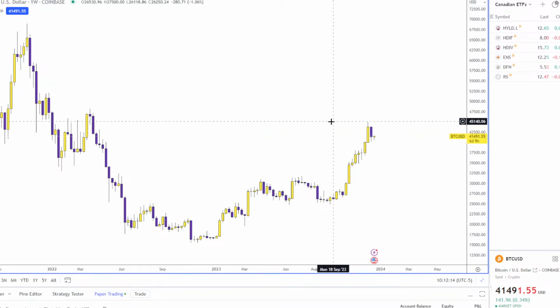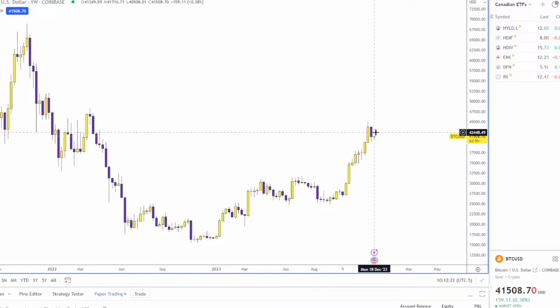So in order for me to get hot and heavy over Bitcoin, you'd have to break this high, or at least break through the threshold of this candle here. It's not even validated yet. So the inversion fair value gap over here is holding.